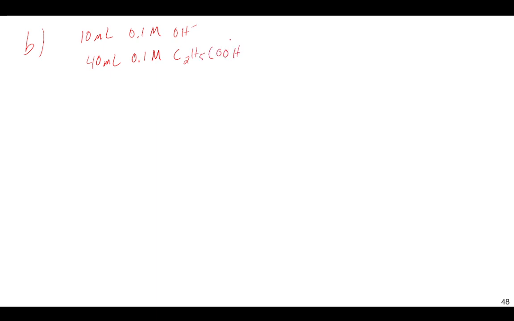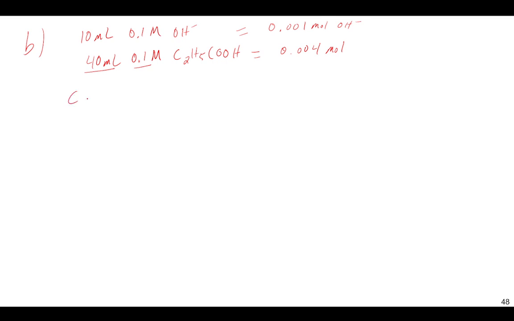And so now I go through the various steps of a titration problem, calculate moles of acid. Okay, well, that's going to be 10 mils, so 0.01 liters times 0.1 molar equals 0.001 moles of base. Calculate the moles of acid, 0.04 liters times 0.1 molar gives me 0.004 moles of acid.